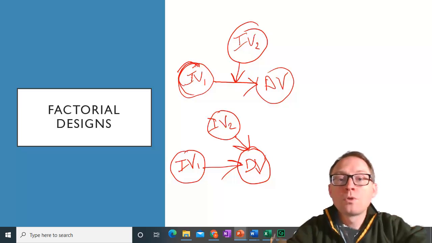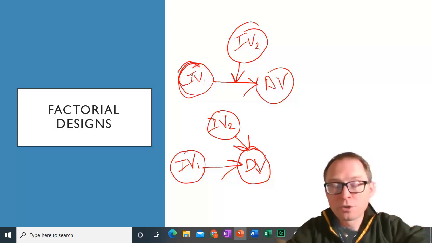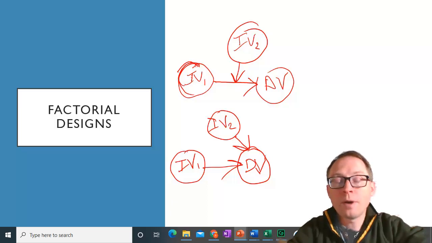So to find whether or not we have a truly moderated effect, we would run a factorial analysis of variance, and we would specifically have to look for something called an interaction. That interaction, if it's significant, indicates a moderated design. However, if it's not significant, it does not indicate a moderated design.